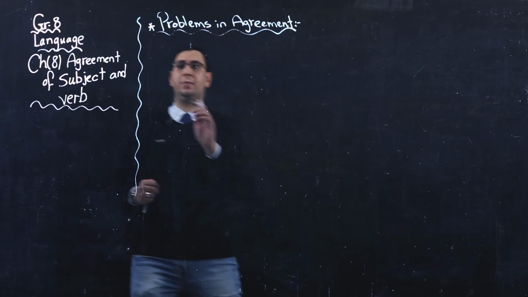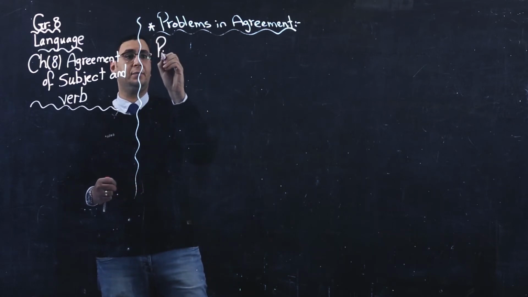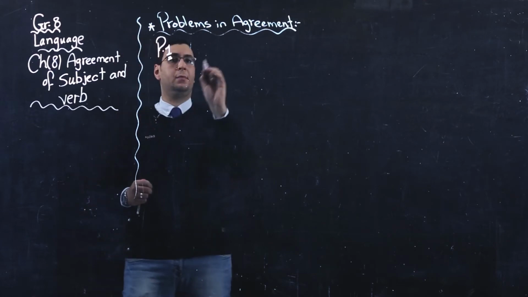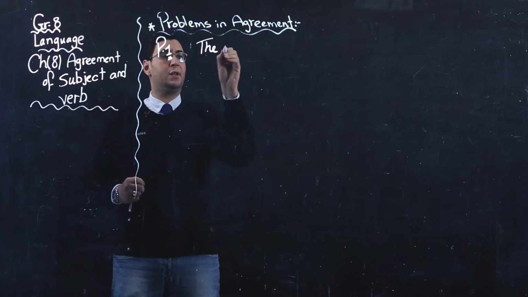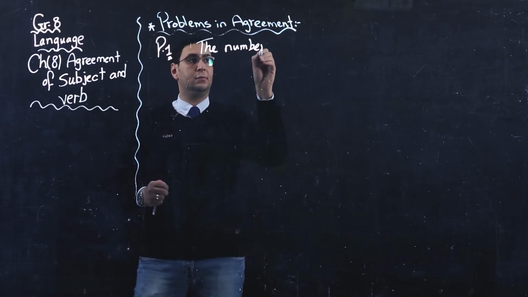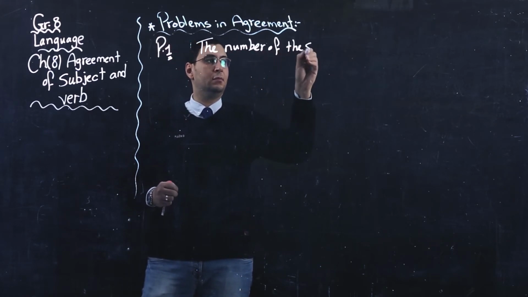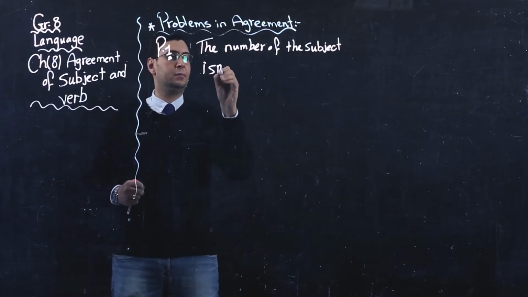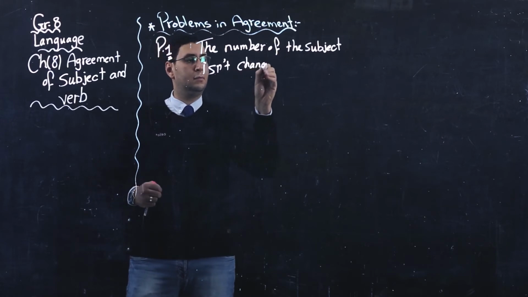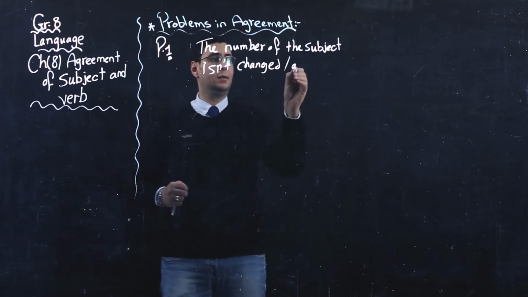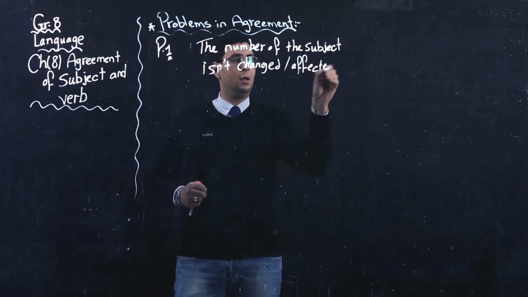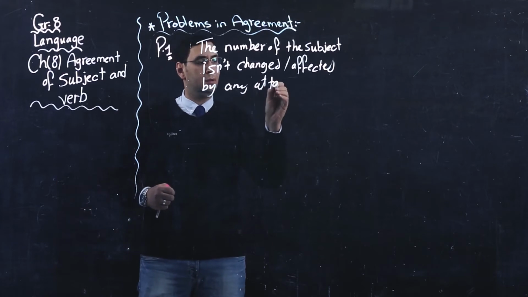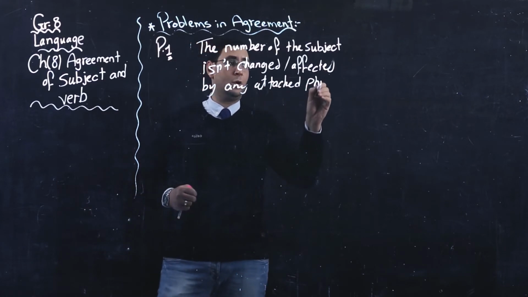Okay, so what are the expected problems for the agreement between the subject and the verb? The first problem mentioned in your lesson, so let's write problem number 1. It said that the number of the subject is not changed or even affected by attached phrases or clauses.